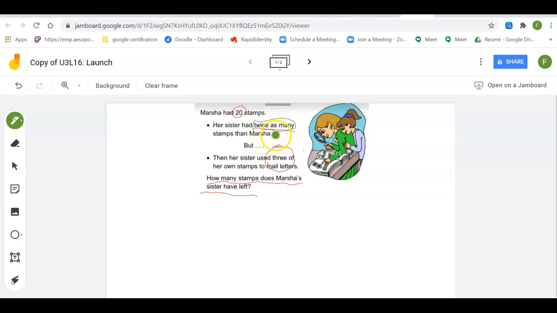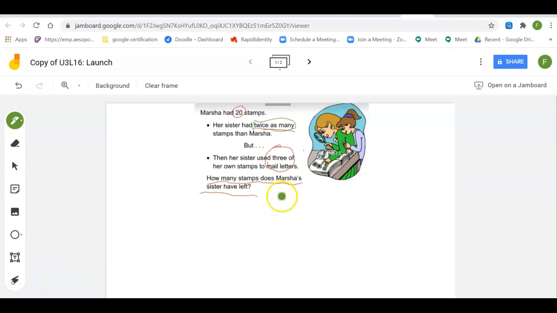So remember, you're going back to multiplicative comparisons. When we think about twice as many, that means she had 2 times as much. Okay. And our key question here is, how many stamps does Marcia's sister have left?